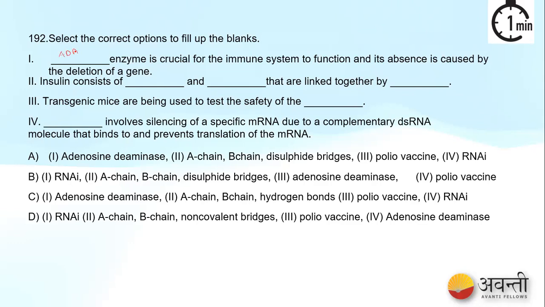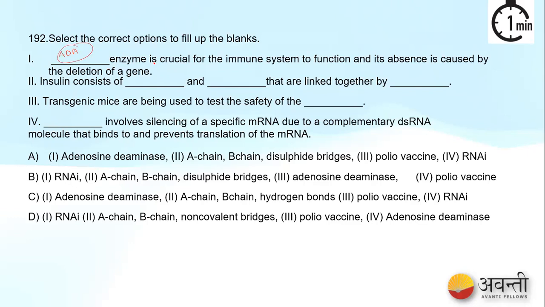Adenosine deaminase is a factor that boosts the immune system in humans. So the deletion of this enzyme leads to a lot of immune compromise, right? Severe immunodeficiency it leads to. So that is why the first blank is ADA.